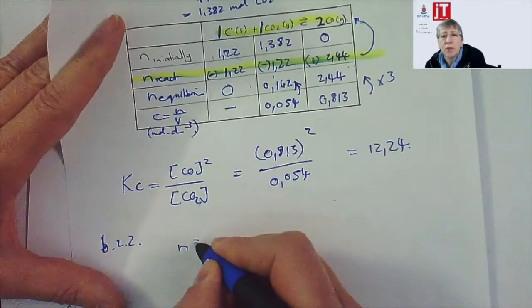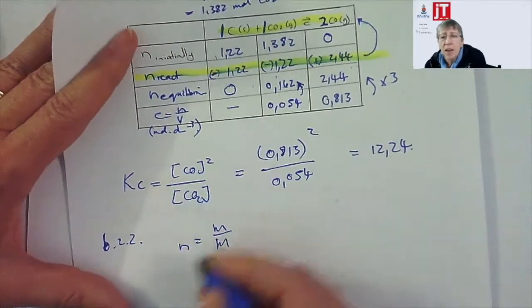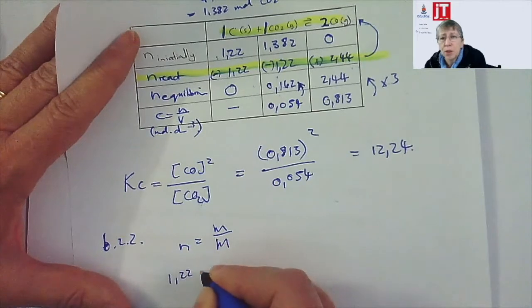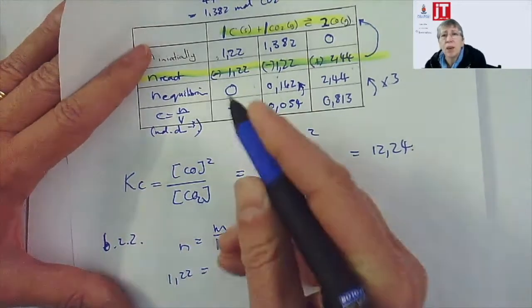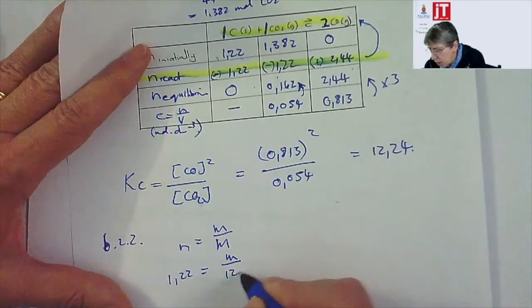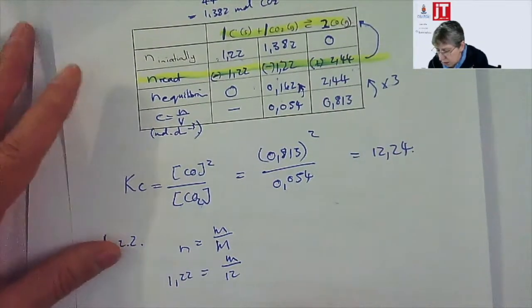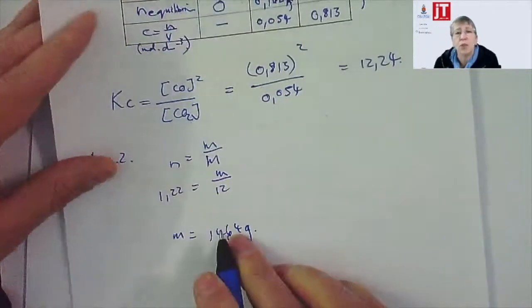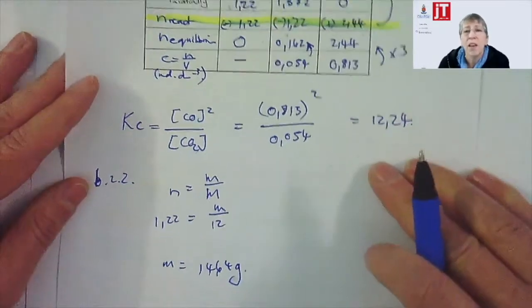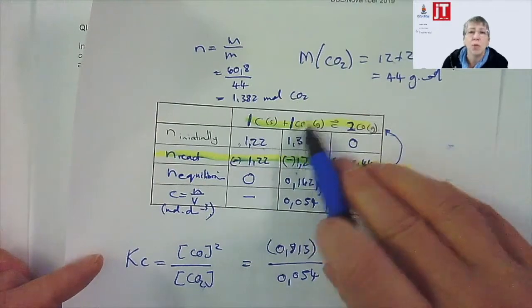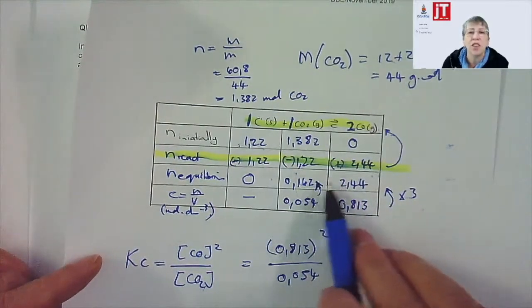To convert to mass quickly: moles 1,22, and molar mass for carbon 12, and I end up with a mass of 14,64 grams, right? 14,64 grams. Right, so that is the minimum mass of carbon that I need for the others to be able to reach that equilibrium.